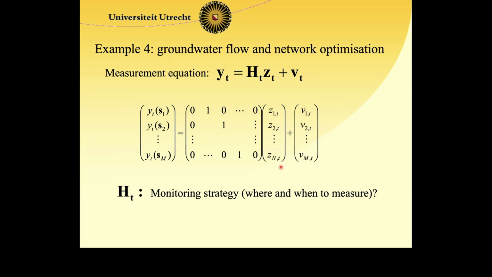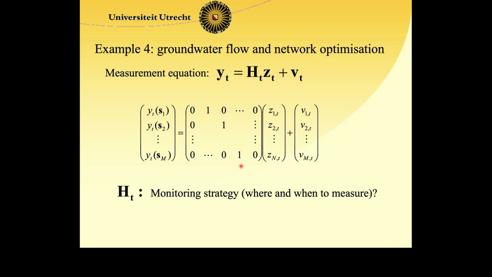We have a measurement equation. We measure at certain times, at certain places, parts of the observations. And H is actually a monitoring strategy. It determines when and where we measure, right? This can actually change every time. So the matrix H can change.